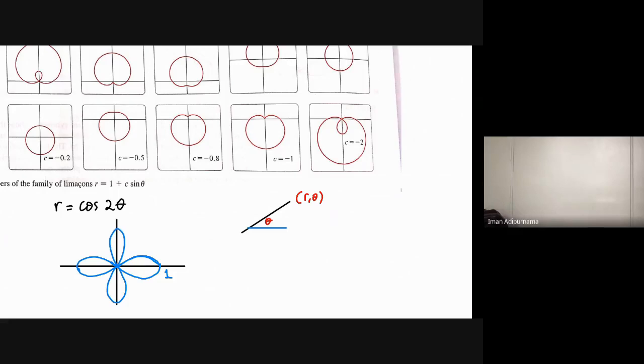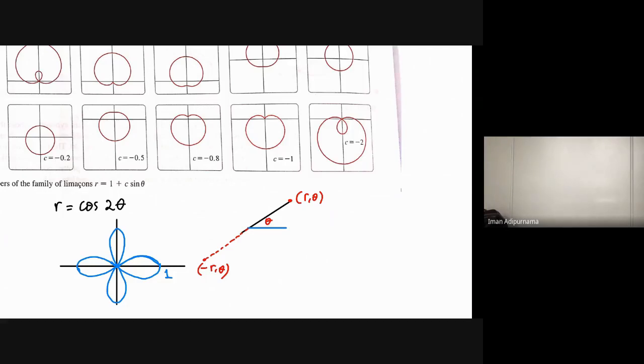But what will happen if you have negative r? Yes, it will be the mirror of this position. So if this is the position of r here, the negative r will be here. Okay. In this way, you can figure out why we can get this curve.